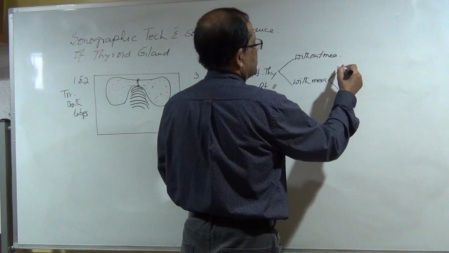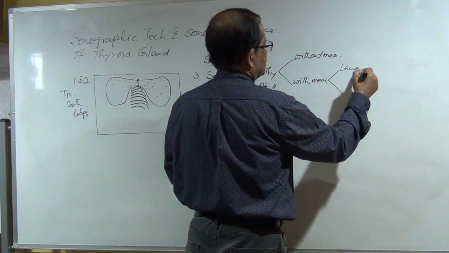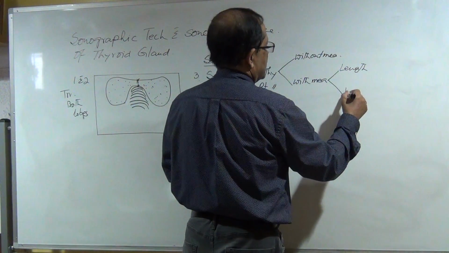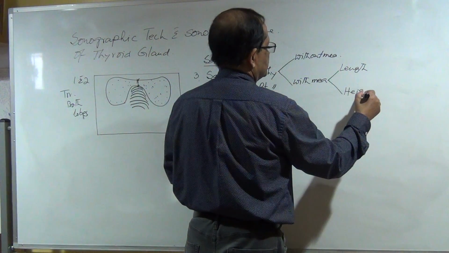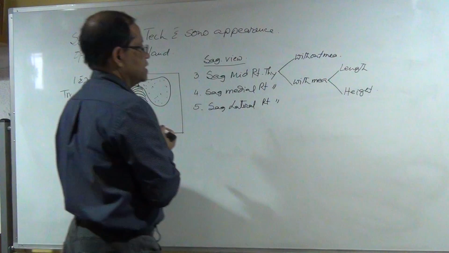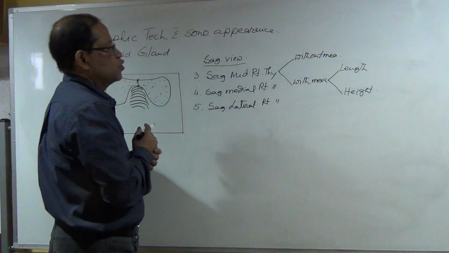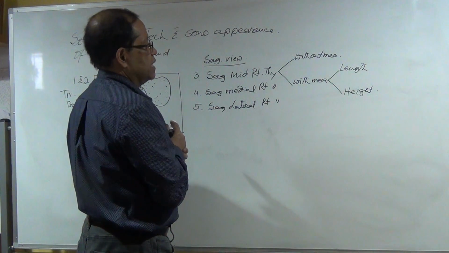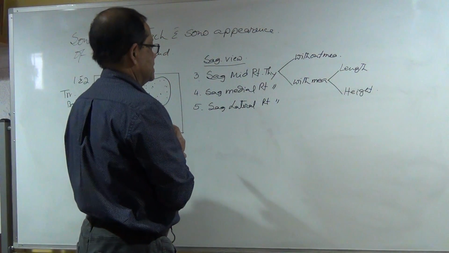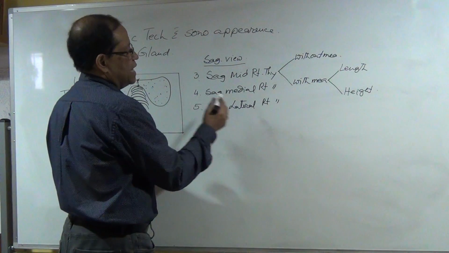Which two measurements? The length and height. Length and height. So in sag we are taking the two measurements. One is the length, another is height, and medial and lateral.